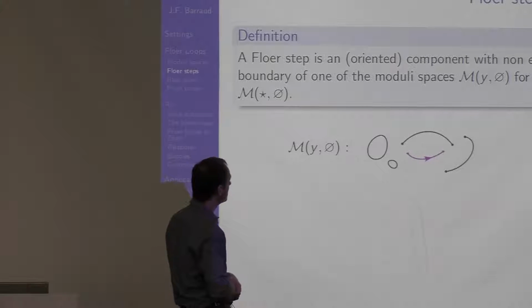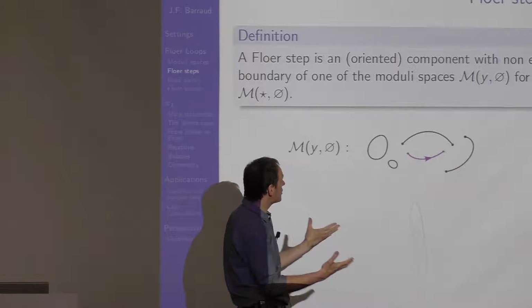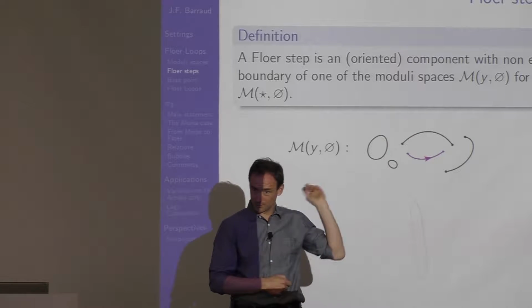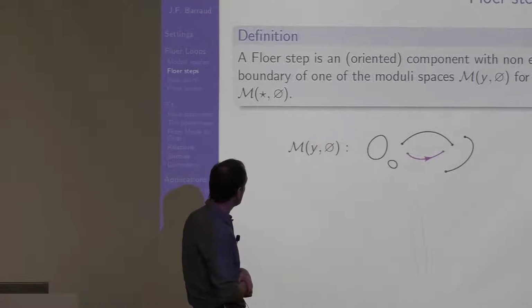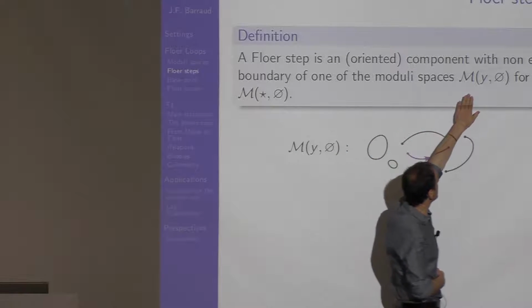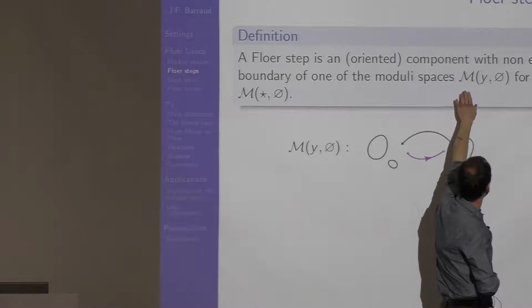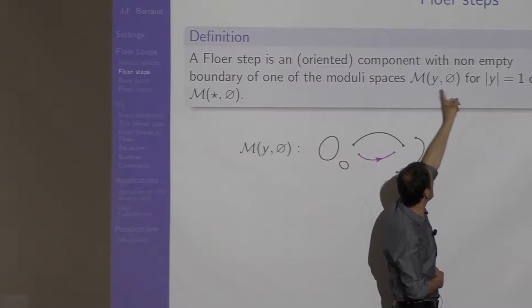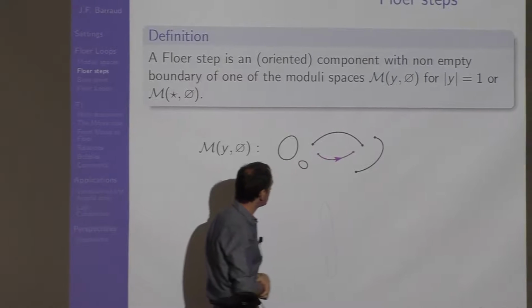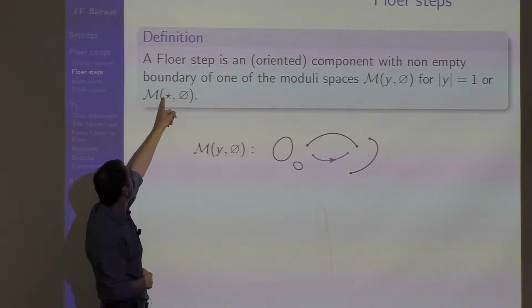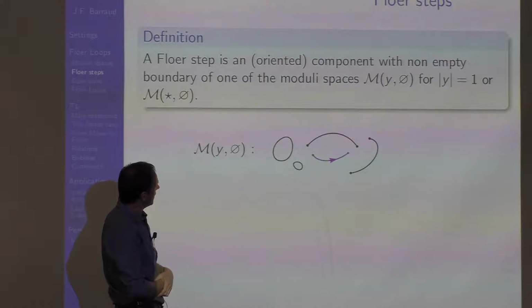So a Floer step will be a component of one of the two moduli spaces I pointed out on the previous slide, endowed with an orientation. So these two types of moduli spaces, the moduli space from an intersection point with index 1 to the empty set, and the moduli space from the base point to the empty set, are one-dimensional.